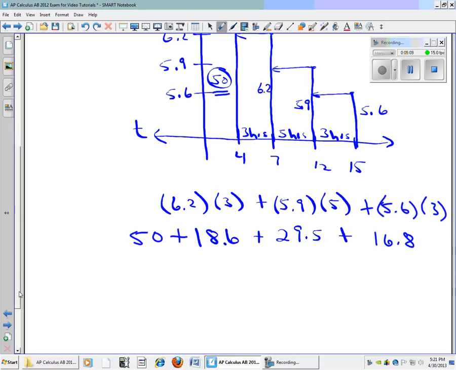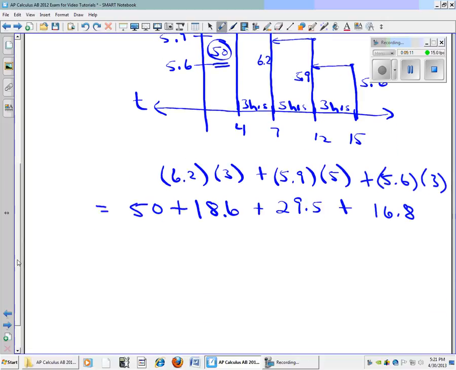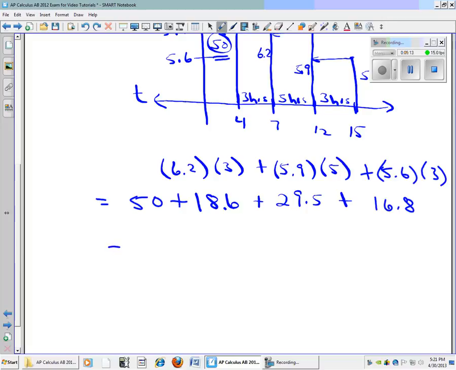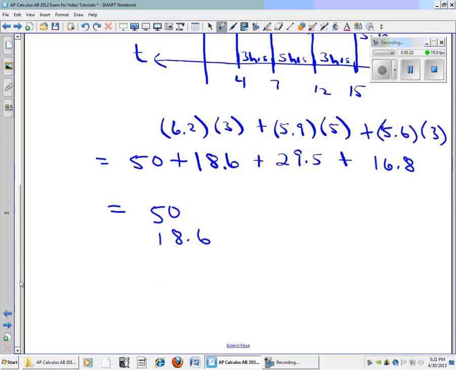Now it asks for this approximation, so all we've got to do now is add the terms. So we get 50 and 18.6, and this is a non-calculator section, so you'll have to add it by hand, and 29.5 and 16.8.